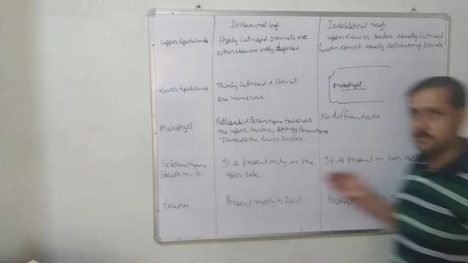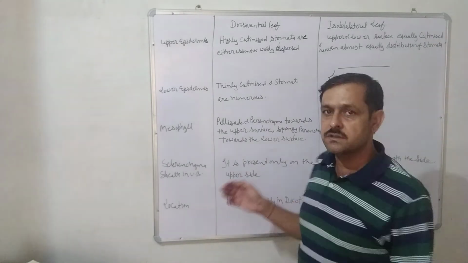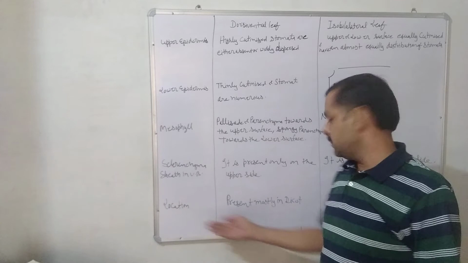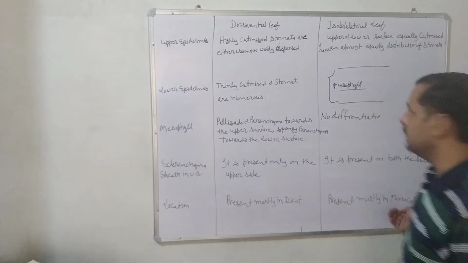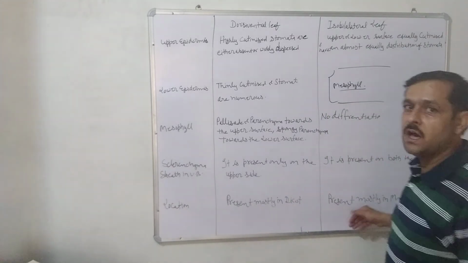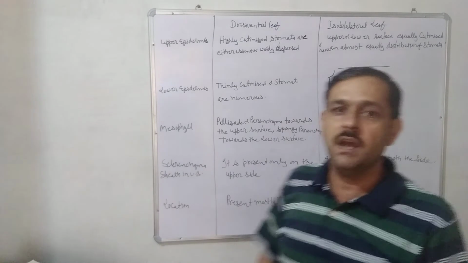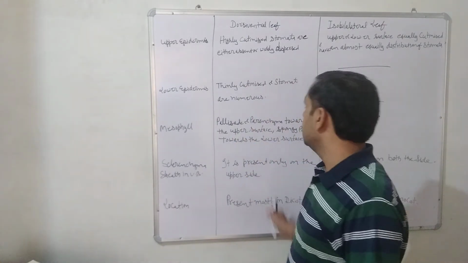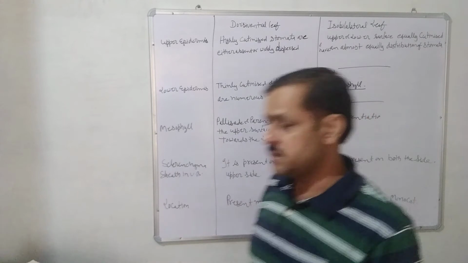Vascular bundle means xylem and phloem. The isobilateral leaf is present in monocots, and the dorsiventral leaf is present in dicots.